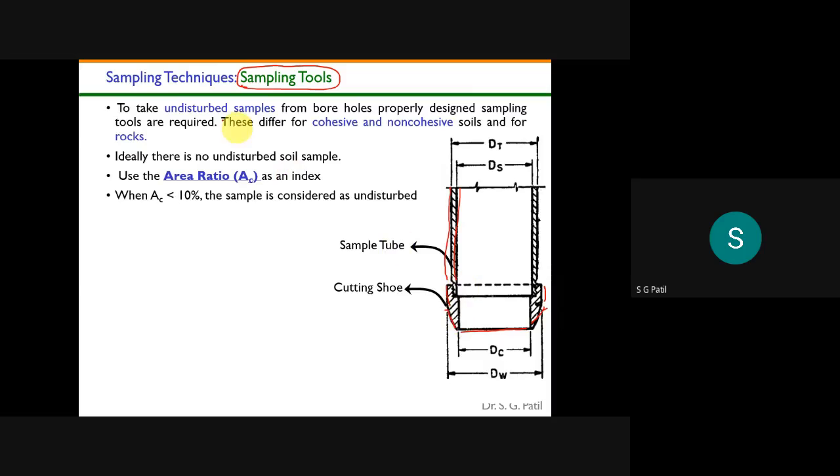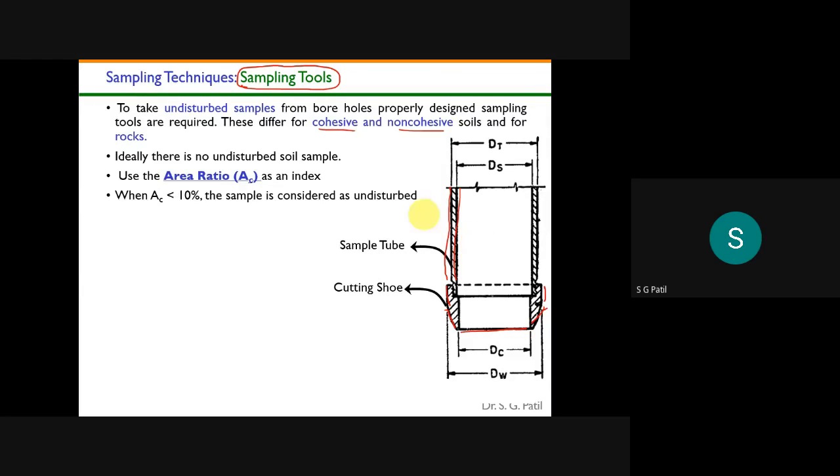To take undisturbed samples from the borehole, properly designed sampling tools are required. These differ for cohesive and non-cohesive soils. Ideally there is no undisturbed soil sample. Truly speaking, in some way or other we will be disturbing the soil sample while collecting it.